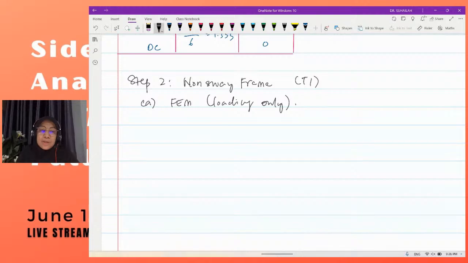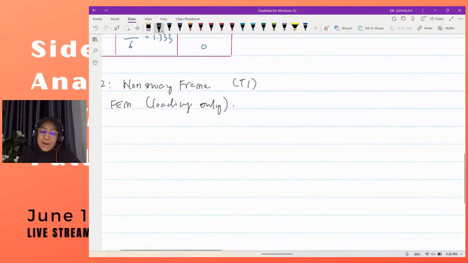Okay, so we have to have the diagram, the frame.